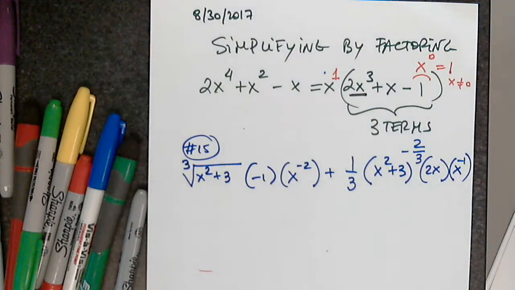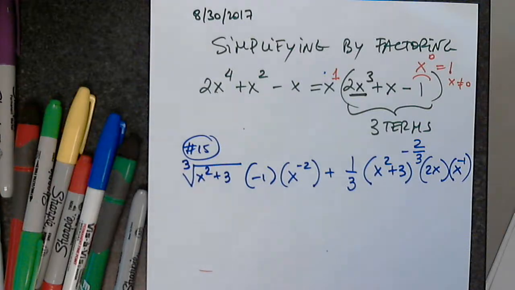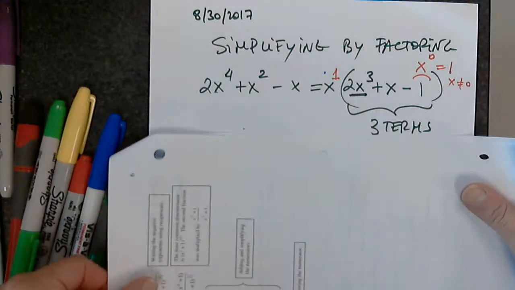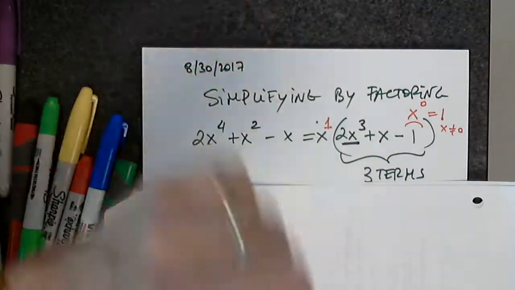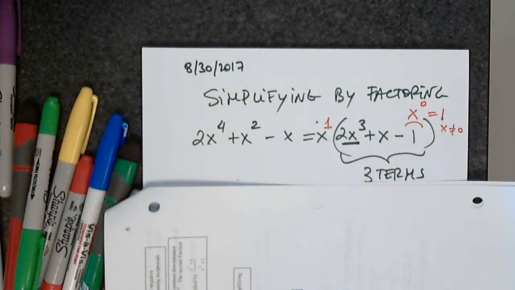Okay. First thing I ask myself is, how many terms do I see in this expression? Coming back to our example. How many terms did we see in that problem? Okay. Good.